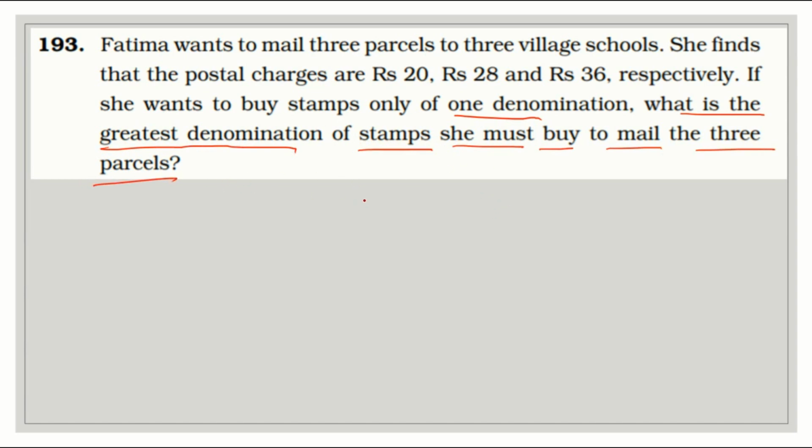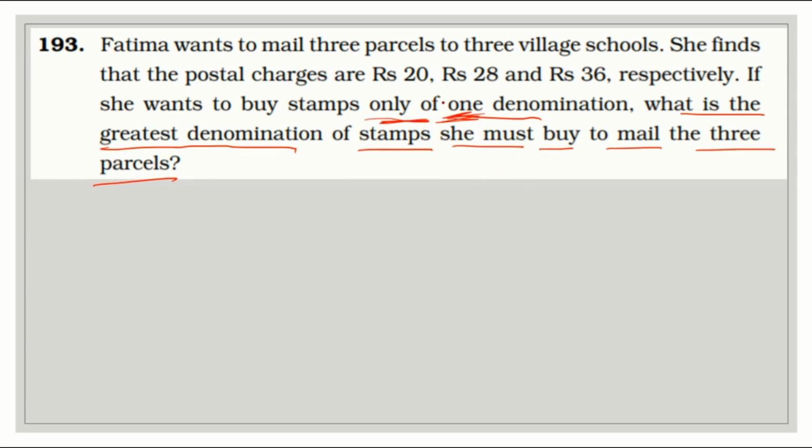See children, here you can buy stamps of rupees 1, 5, 2, 10, sometimes 20 rupees itself, but she wants to buy for mailing all 3 with the same denomination. The denomination must be only one same denomination.